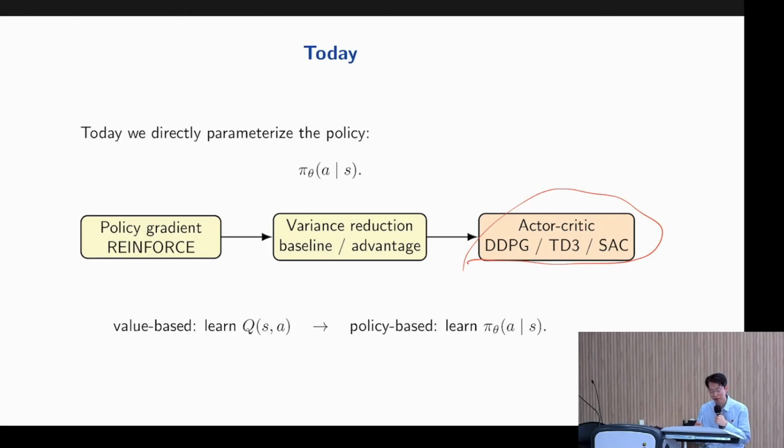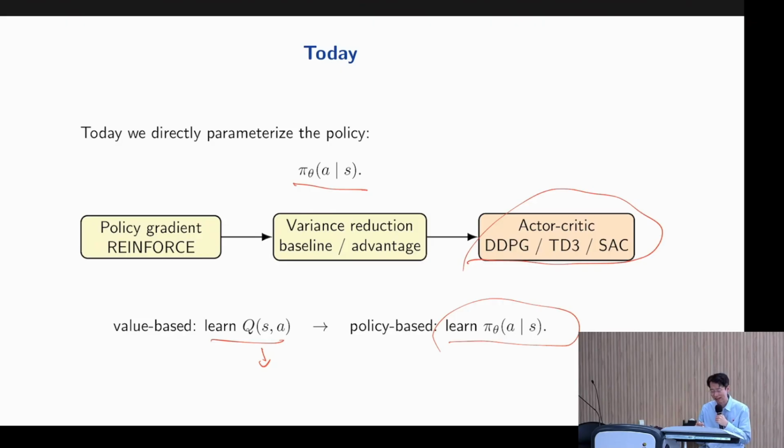So what's the policy gradient method? What's the goal of RL? It's not the Q, it's the pi. If you have the policy, you're done. So with value-based methods, you want to learn Q, and you want to extract the policy from the Q. But what if you could learn this directly?